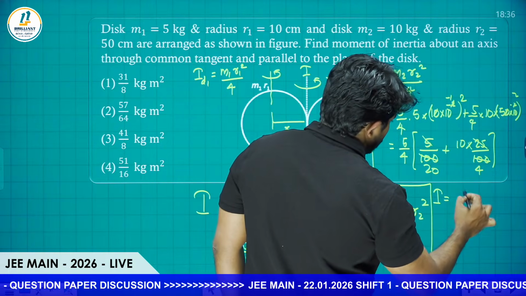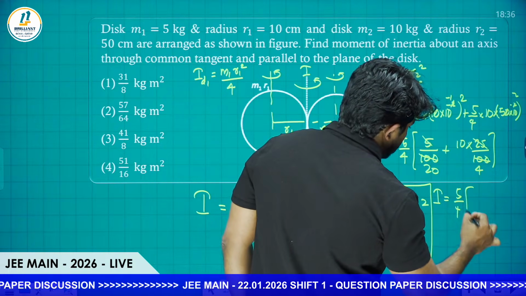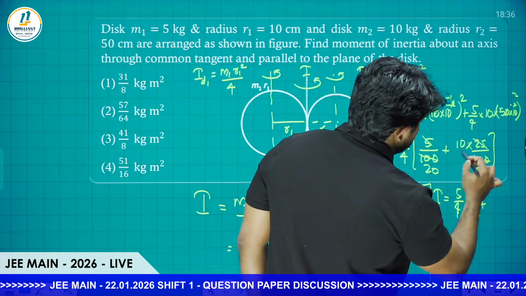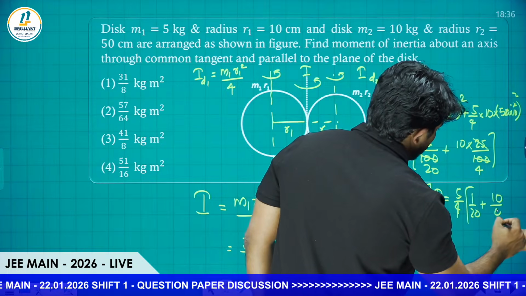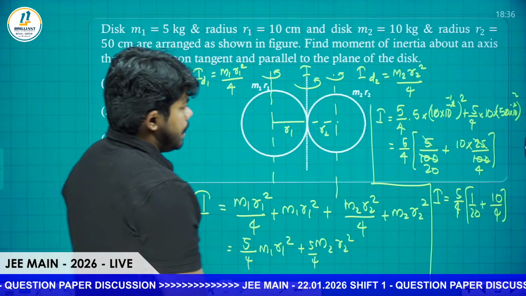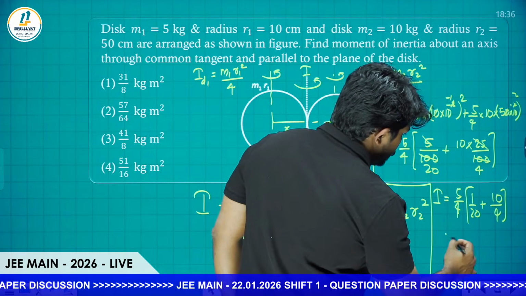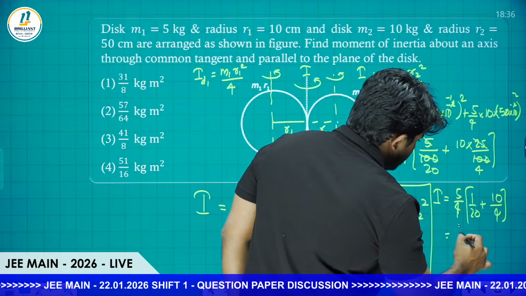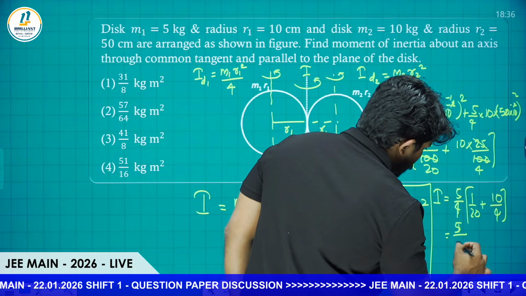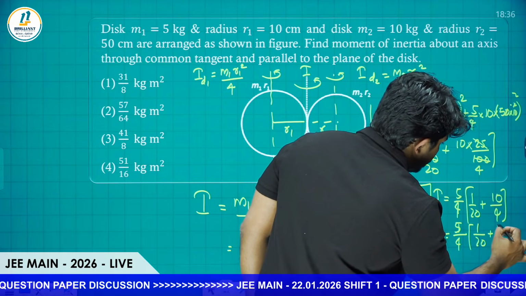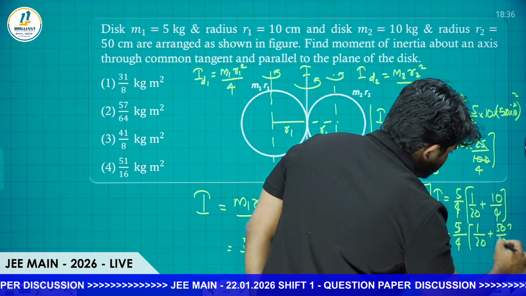So I will be equal to 5 by 4 times 1 by 20 plus 10 by 4. We can simplify this. If I multiply with a 5, I get 5 by 4 times 1 by 20 plus 50 by 20, right?